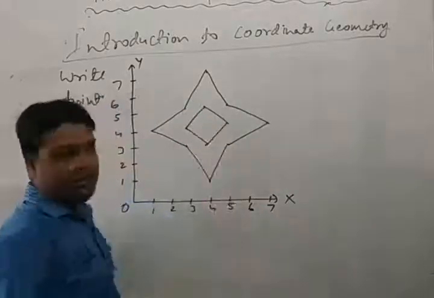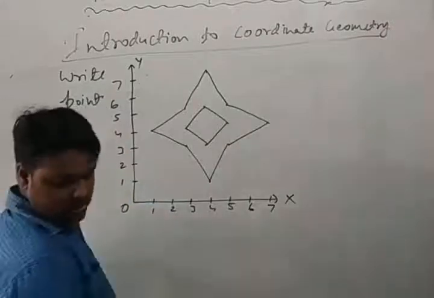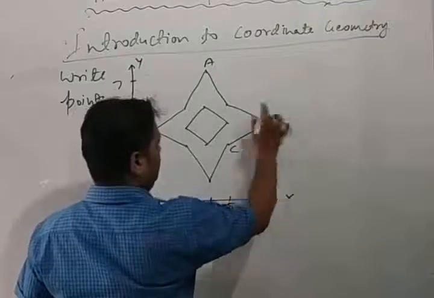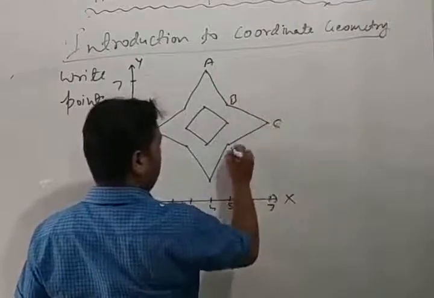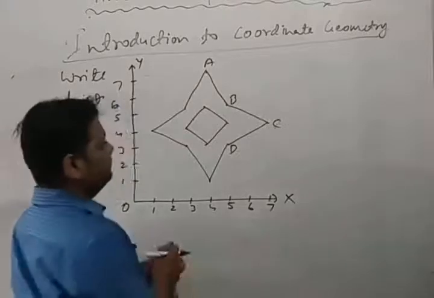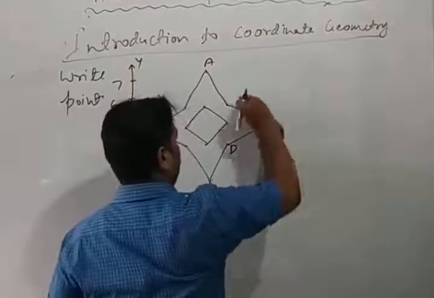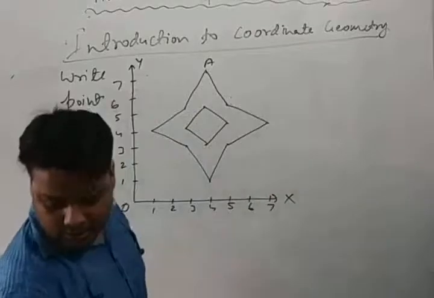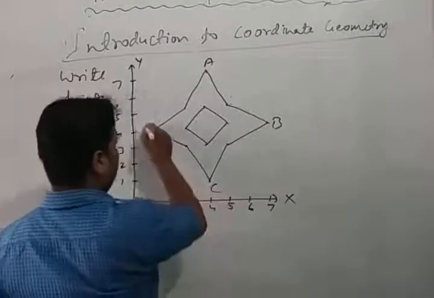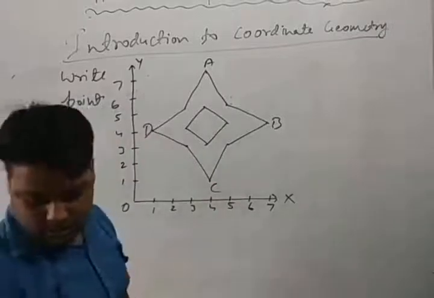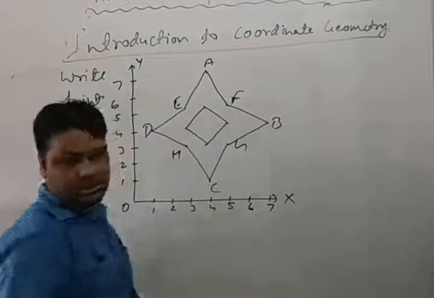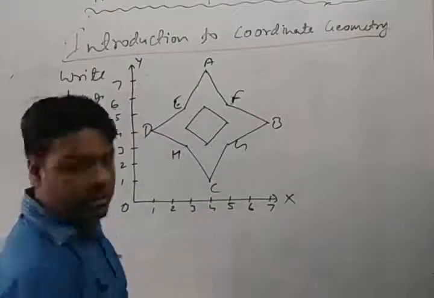So this type of figure, and it is named as A, B, C, D. No, wait. The names are different. A, after that B here, C here, D here. Then E, F, G, H. Then I, J, K.